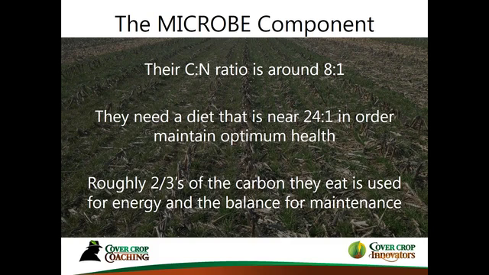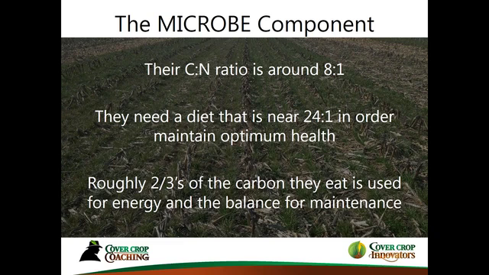So one of these important components is, I'm going to call it the microbe component. You could say the biological component or whatever you want to, but I just thought the microbe component sounded cool. So the typical microbes in a soil, the actual C/N ratio is around 8:1.